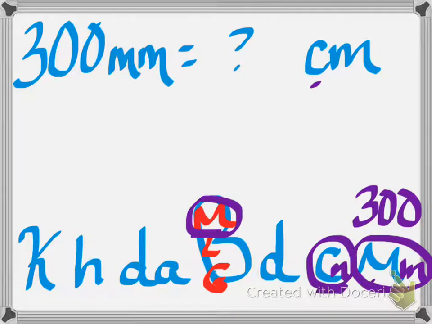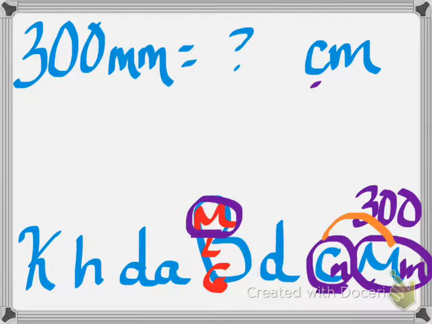And we are going to have a very short jump because it goes from millimeter to centimeter. But we are going to the left, and if we go to the left, that means that we are actually taking away zeros. Okay?